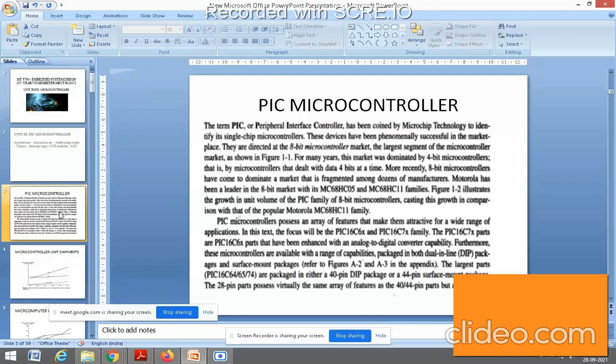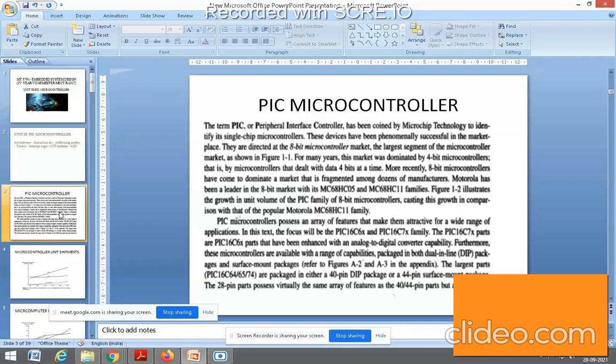More recently 8-bit microcontrollers have come to dominate a market that is fragmented among dozens of manufacturers. Motorola has been a leader in the 8-bit market with its MC68HC05 and MC68HC11 families. Those are Motorola families of microcontrollers. Here is the growth in unit volume of the PIC family of 8-bit microcontrollers, compared with that of the popular Motorola MC68HC11 family.